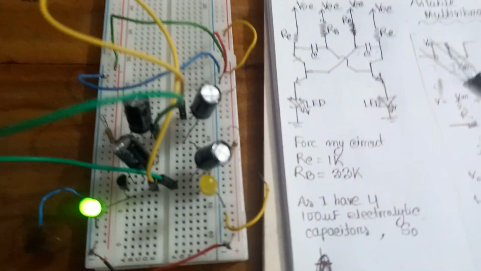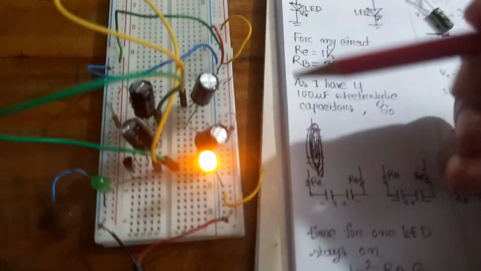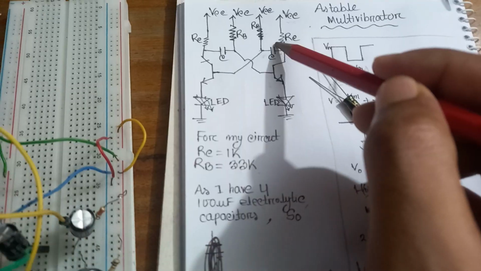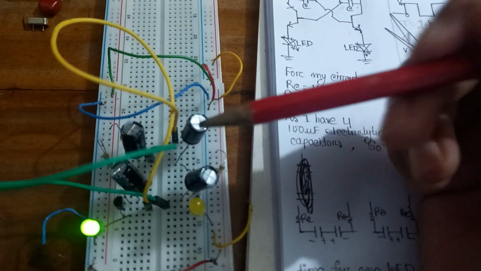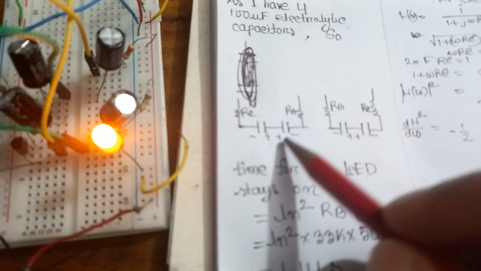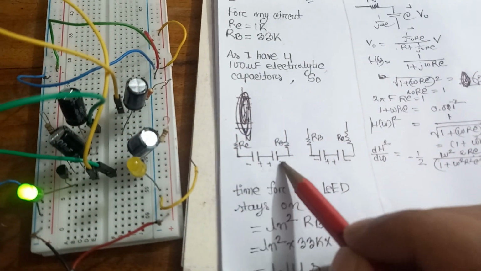So what I have done, you can see, though I have two capacitors here, practically I have used four capacitors. Why did I do this? I have made these two capacitors into one single capacitor. I have connected the capacitors like this in series.